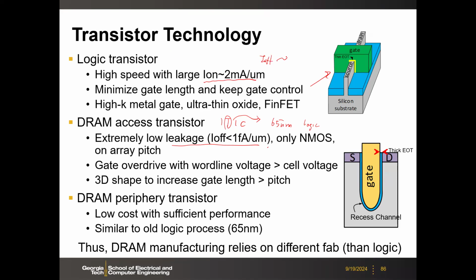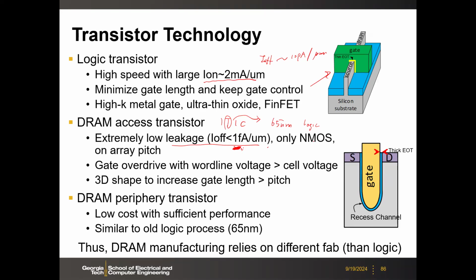But even the low power transistor, the I off is like 10 picoamp per micrometer, around 1 pico to 100 pico in terms of the off current density for the logic transistor. DRAM transistor uses this number that is 3 or 4 orders of magnitude lower in terms of the leakage current.